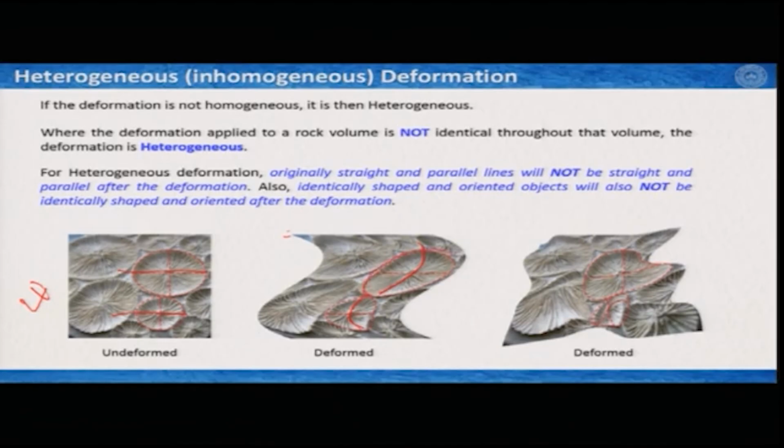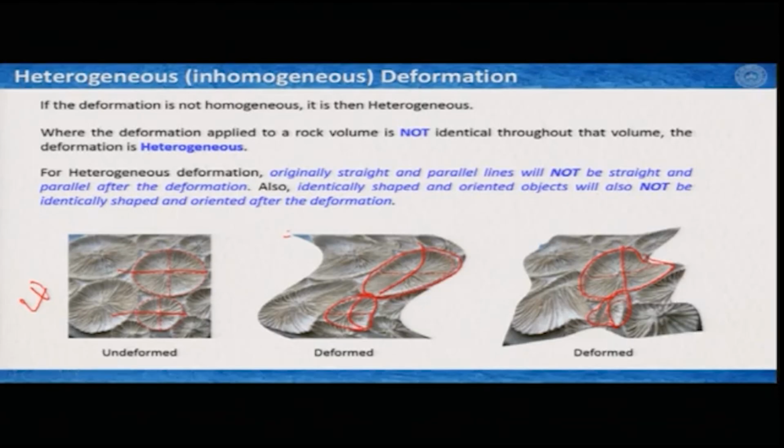The shapes here also changed, so this is essentially a heterogeneous deformation. And in the next case, which is sort of crumbled, but the volume more or less remained the same, you can see that the parallel lines are not parallel, and also the shapes are different in different objects which were initially similar to each other.